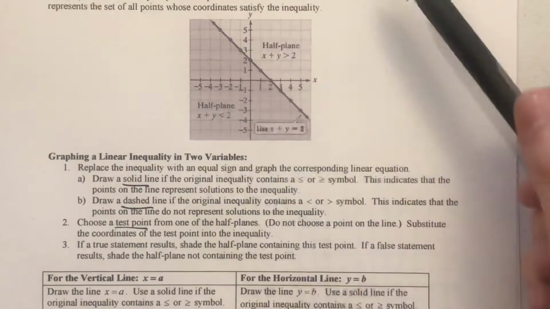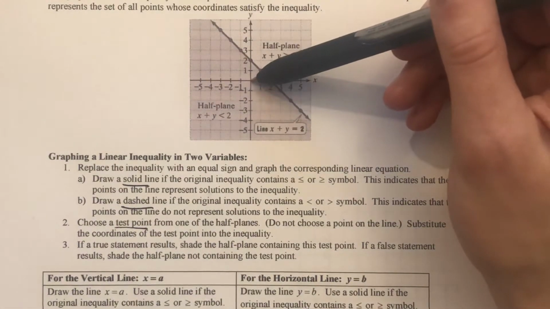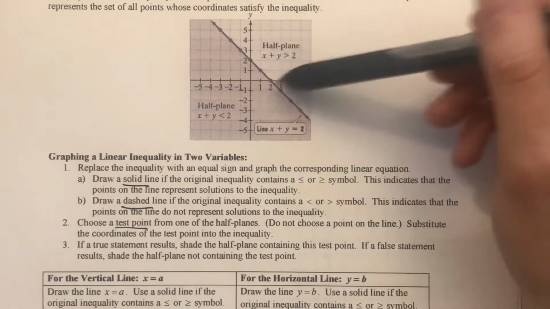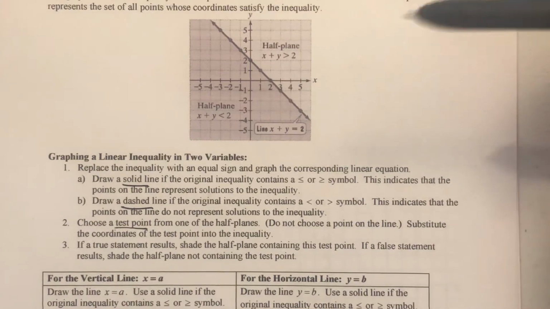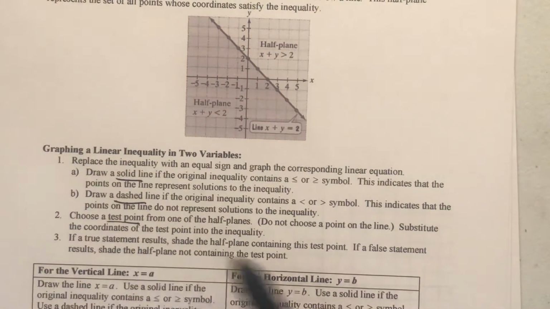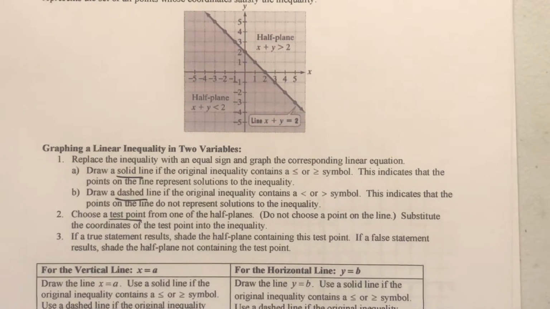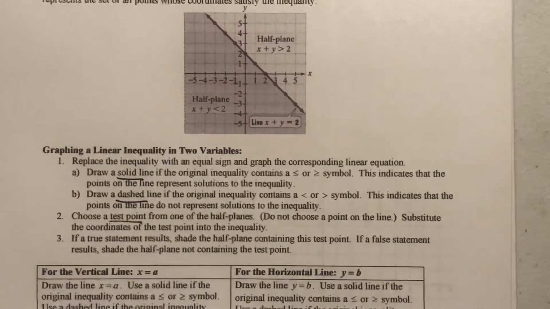So you pick a point on either side. Normally, I'm going to pick 0, 0, unless it's on the line. You plug it into the inequality, and you see whether it makes the inequality true or not. If a true statement results, then we shade that particular half of the plane. If we plug it in and it doesn't create a true statement, then we know we're going to shade the other half, the other side of the figure. So that's really what it boils down to.